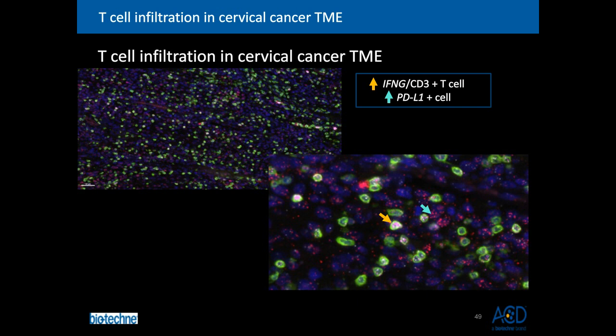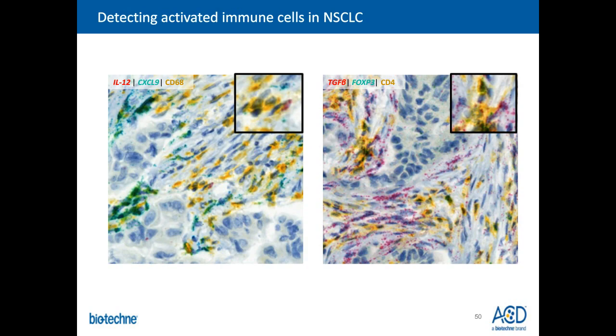Using the CD3 antibody, we have identified the T cells, and then using RNAscope, we have visualized gene expression for interferon gamma, PD-1, and PDL1 within these immune cells. In addition to doing this on a different platform, we can also do this dual ISH-IHC technique using a chromogenic platform.